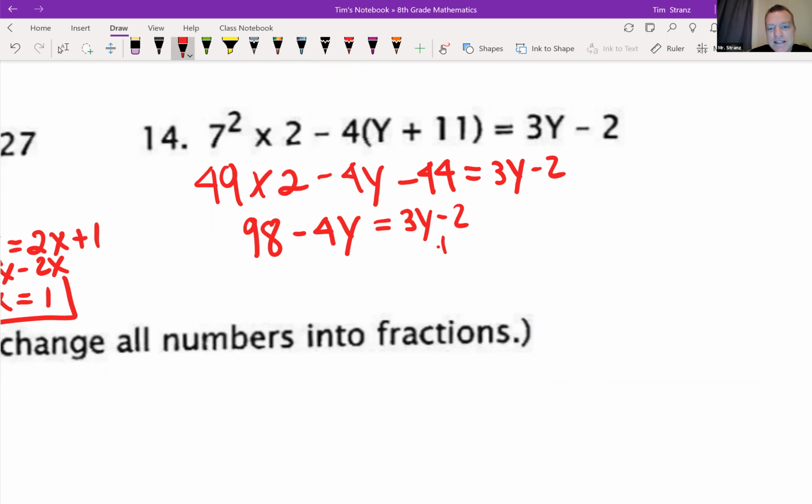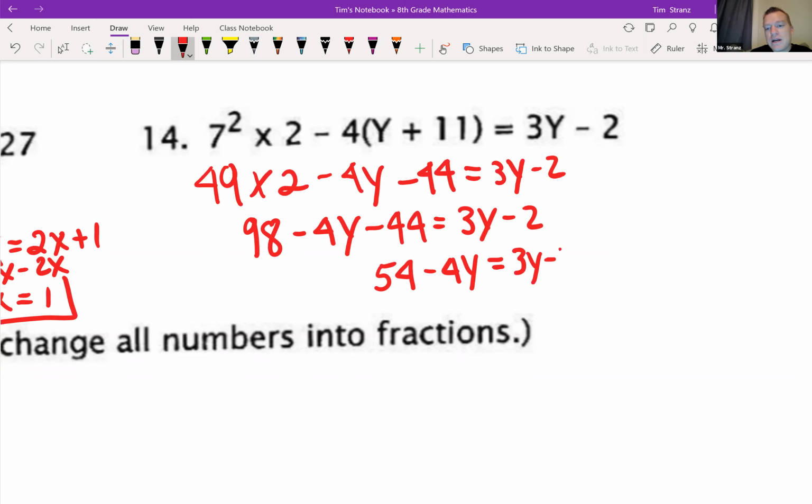All right, so let's try this again. So this is 98 minus 4y minus 44. This problem does not like me. Equals 3y minus 2. So if I add 44, I'm sorry, subtract 44, 98 minus 44 equals 54 minus 4y equals 3y minus 2.